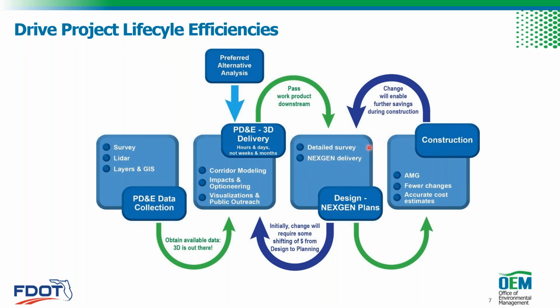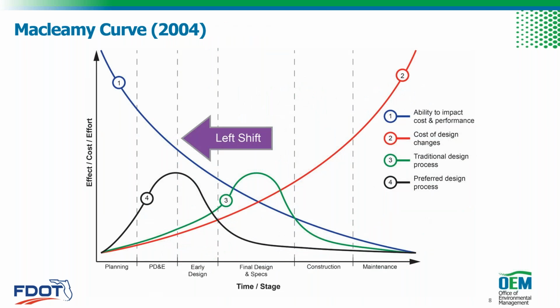And as we adjust in that phase, we're able to provide even further savings during construction. So you might notice that with all that we're demonstrating here, there's a little bit of a left shift, right? A lot of this stuff needs to happen earlier in the process, or we need to begin to think about ways to support earlier decision making. So let me describe this to you.